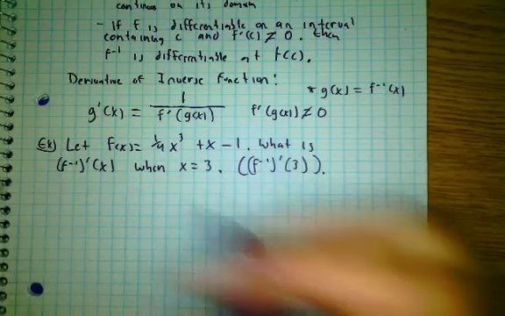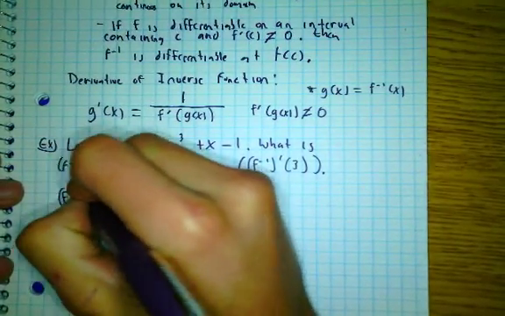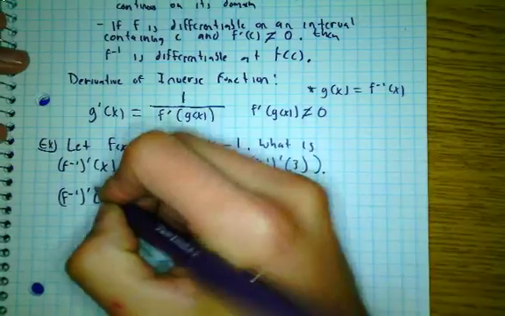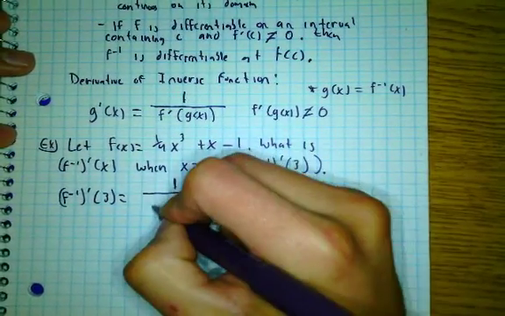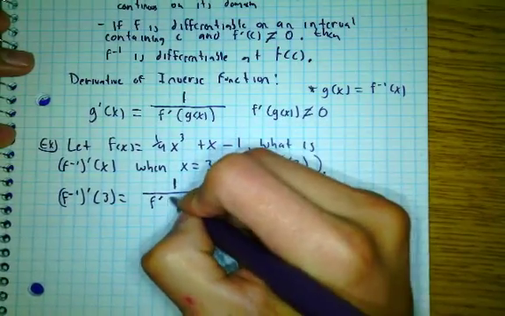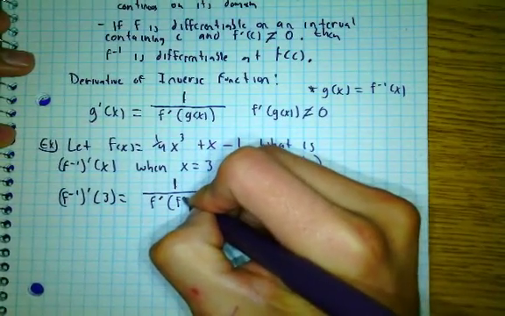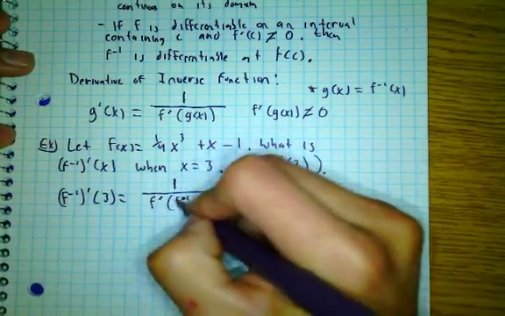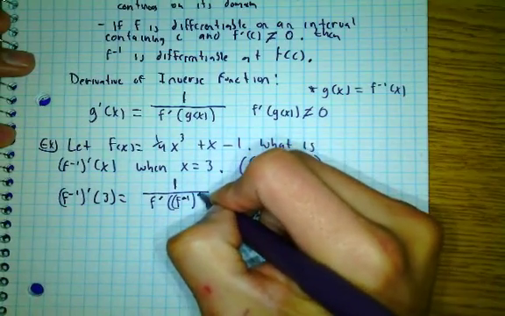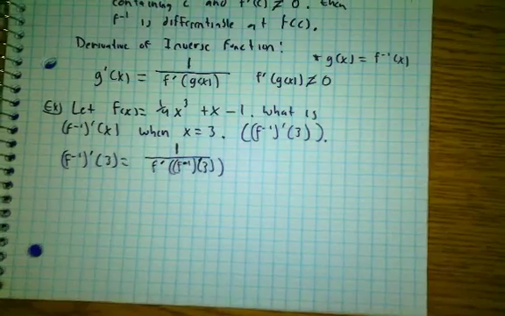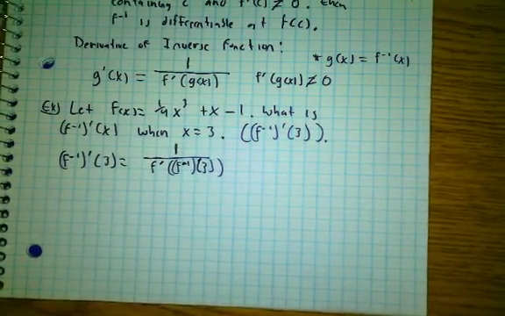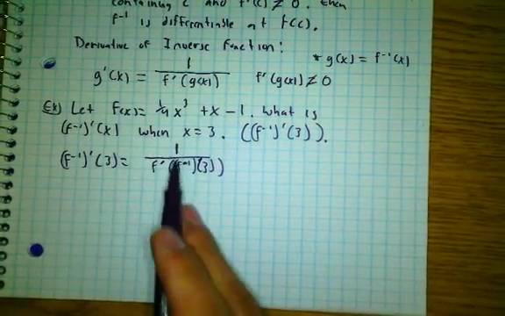The inverse function, the derivative of it, would be 1 over f prime of... agreed? Just filling this information out. All I did was plug in.